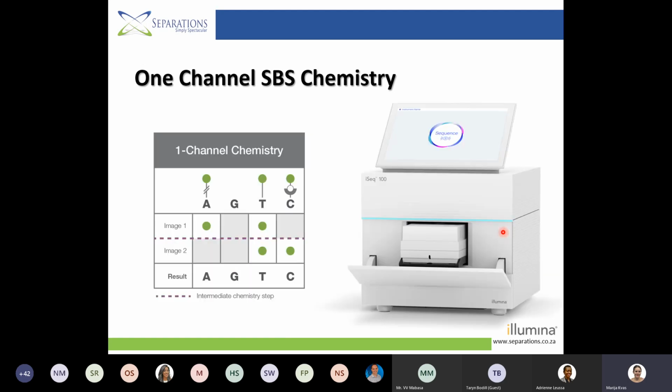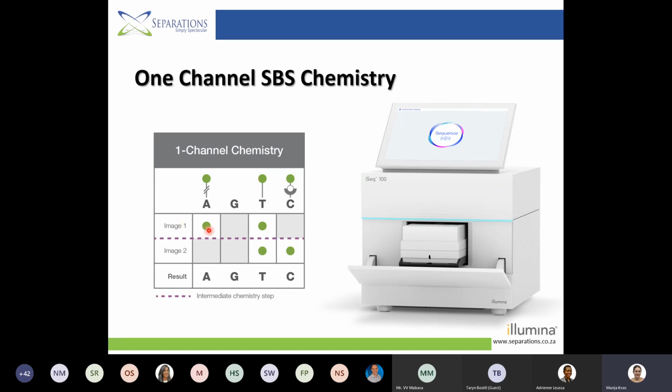different signals. So like I said, we take 2 images, and in between we have an intermediate step. So what that basically means is, if we don't have a signal in either image 1 or 2, it means that the G was incorporated. If we have a signal in both images, it means that the T has been incorporated, because the T is the nucleotide that always has a fixed dye.